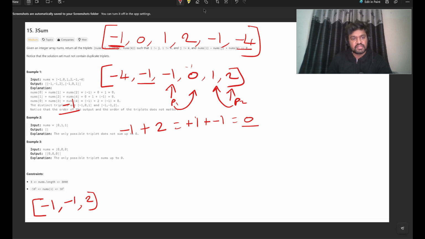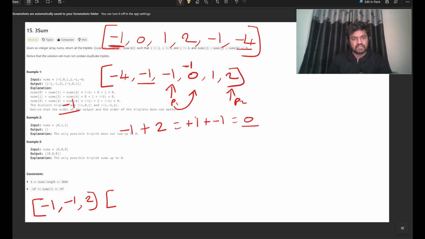When you do it here, what would happen? p1 is moving and p2 is not moving, p2 is still standing there. Just consider this as p1, this is a minus 1. p1 is moving, and here this same procedure would happen, right?